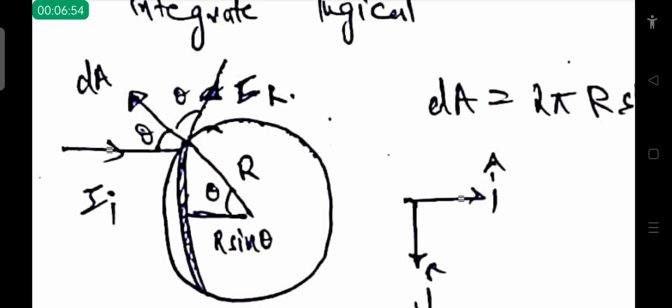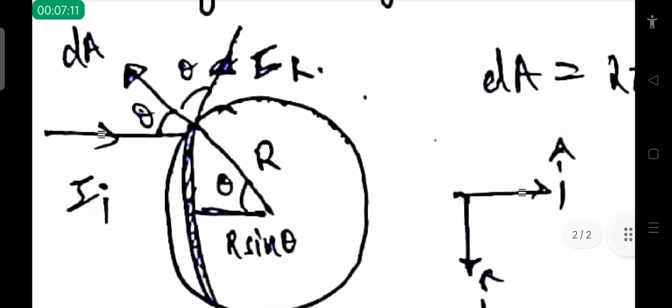If a light ray makes an angle theta with the dA vector, it will get reflected at an angle theta with respect to the dA vector. The dA vector acts as the normal here.